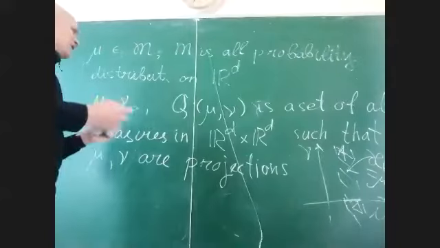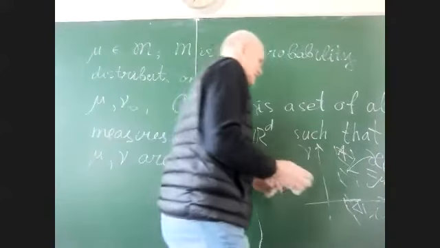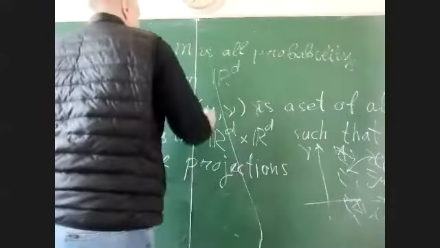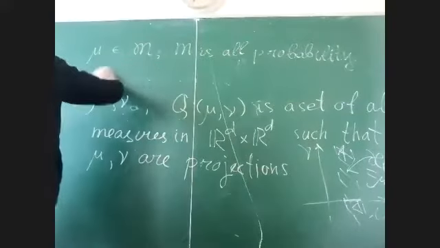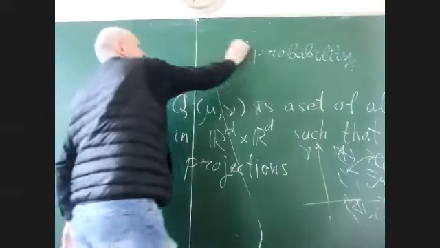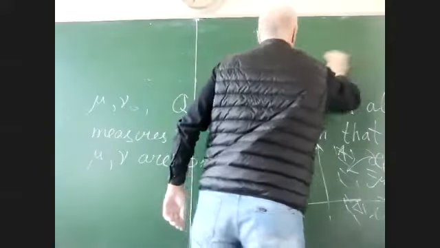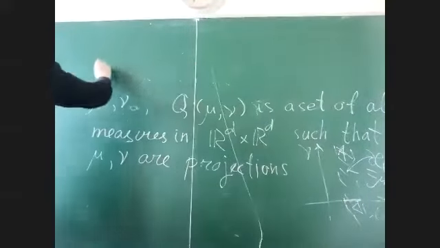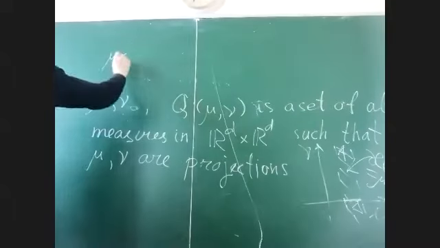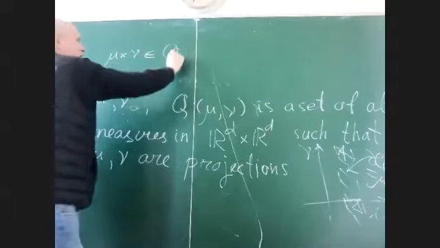At least one representative here exists, because it is trivial to see that mu multiplied by nu belongs to kappa.